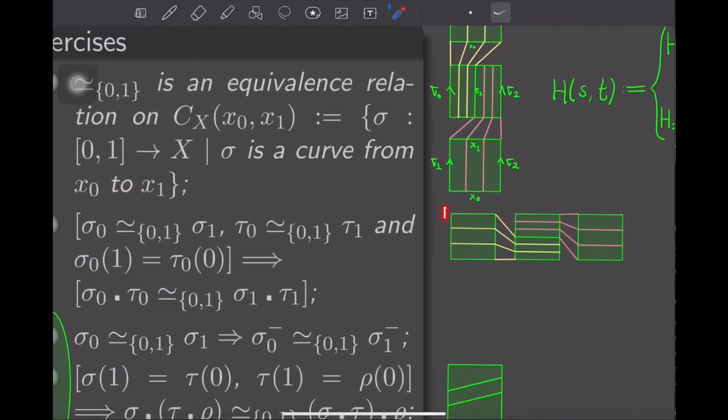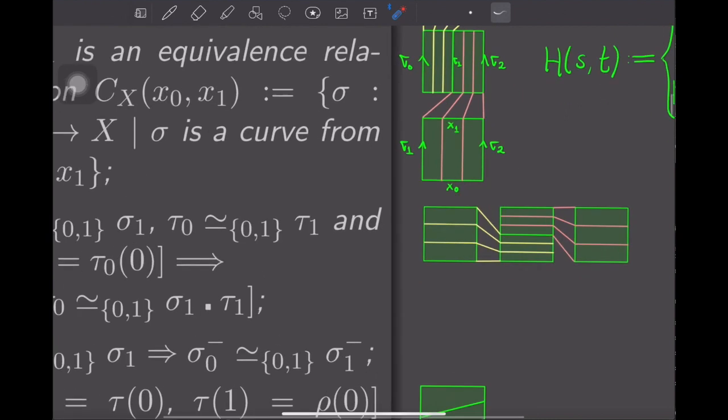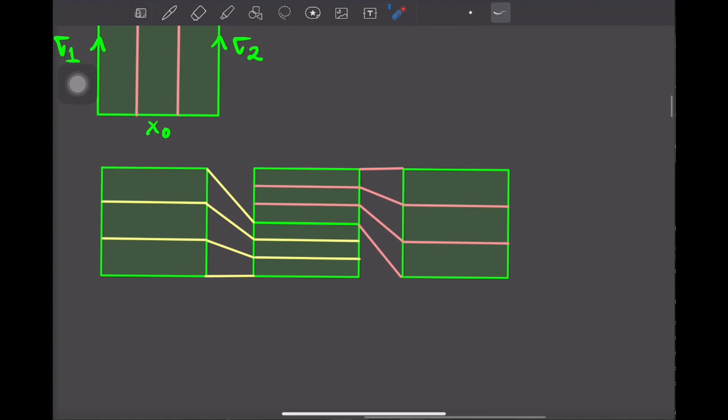And here is the diagram that helps me, because what I'm assuming is sigma naught homotopic to sigma 1 relative to endpoints. So let's say x naught, x1.